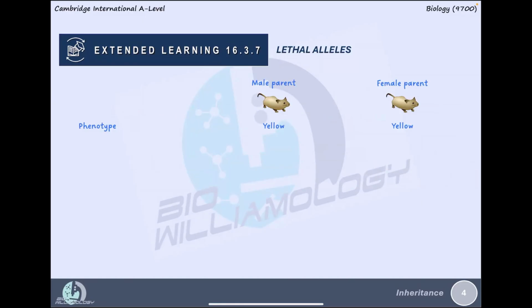Let us look at the cross between the male parent with the yellow coat and the female parent with the yellow coat. They are heterozygous, so we expect to see a 3-to-1 ratio, am I right? But let us look at the probability of obtaining offspring with yellow and agouti coats. As usual, due to the segregation of homologous chromosomes, the gametes have two genotypes, AY and A, in equal ratio.